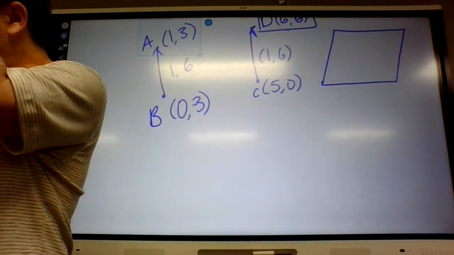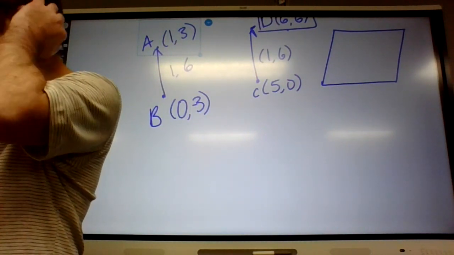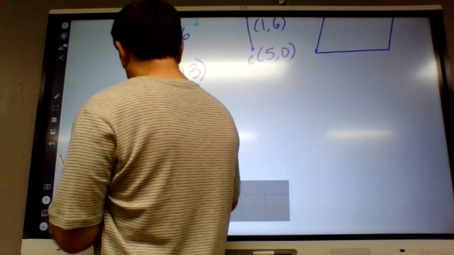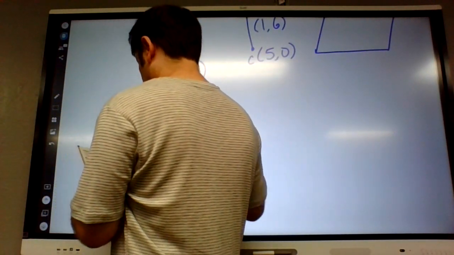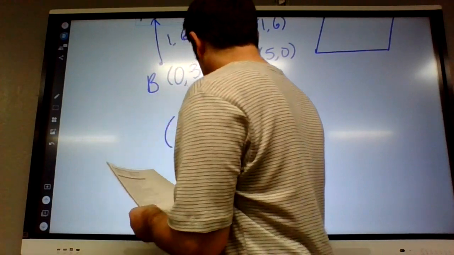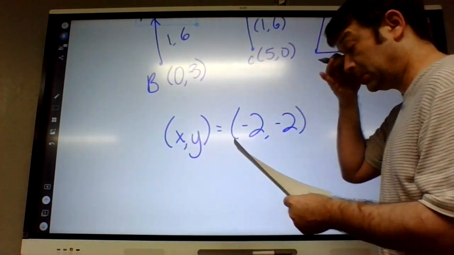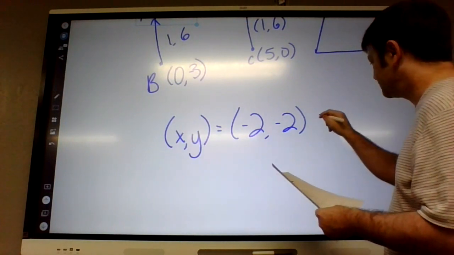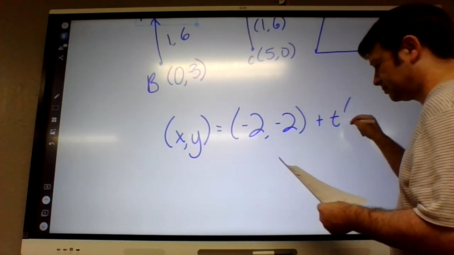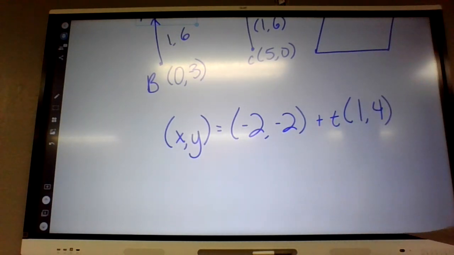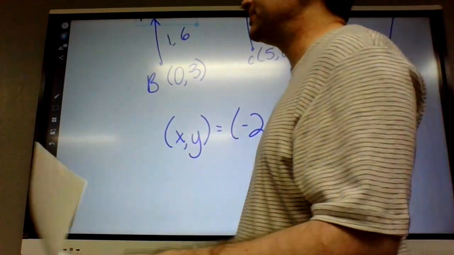Okay. Find the velocity and speed of an object that moves with constant velocity with the position given by this equation.